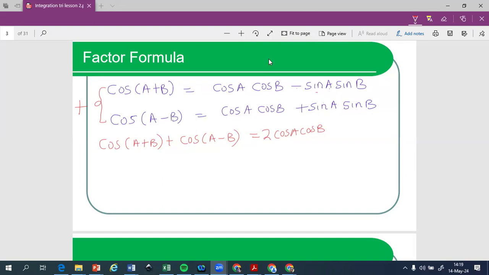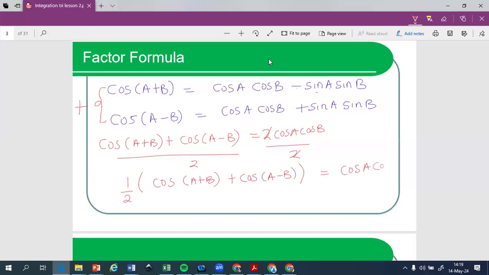Now, from this point here, I want you to take note that when I divide through by 2, this 2 and this 2 are going to cancel. So allow me to write it in a good mathematical way as a half times, in brackets, cos(A + B) plus cos(A - B), because this half affects everything, equals cos A cos B. Members, is that step fine?